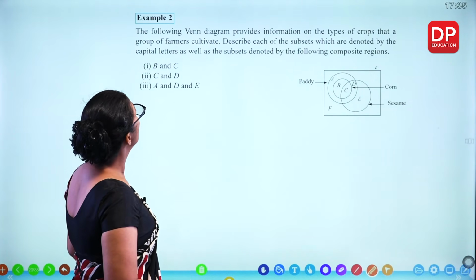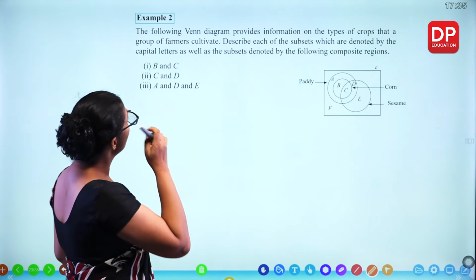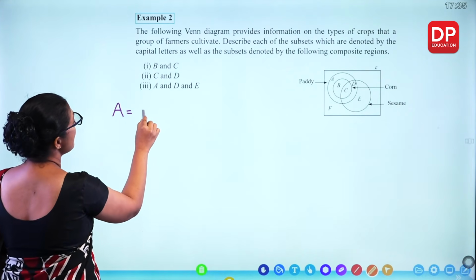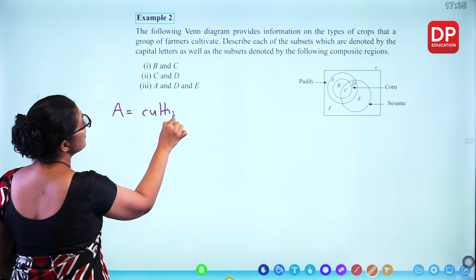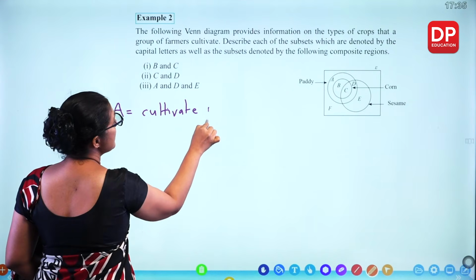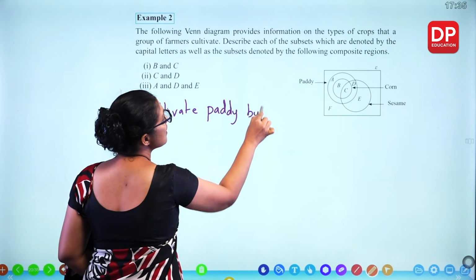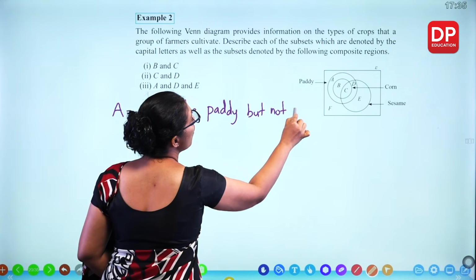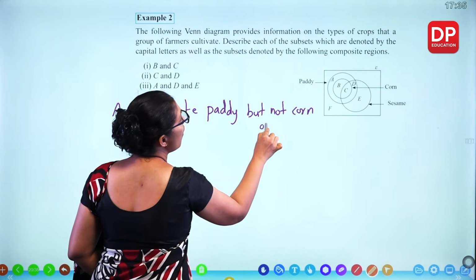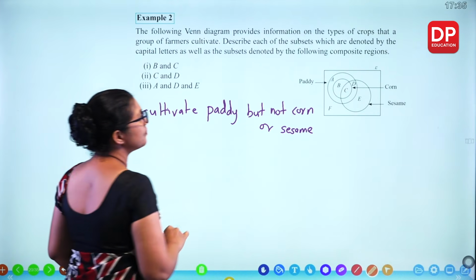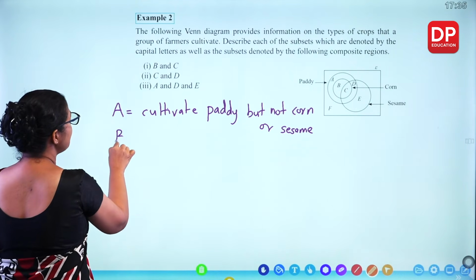So what's that? Grow or cultivate. So I can write cultivate paddy but not corn or sesame. What's B?